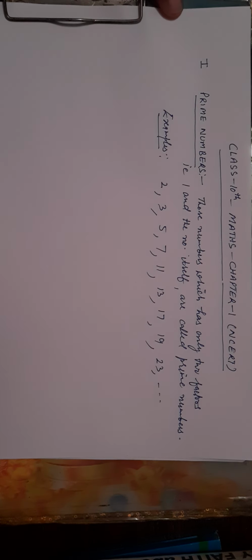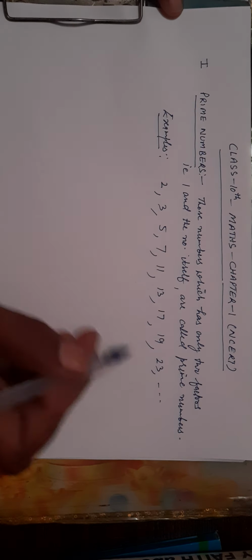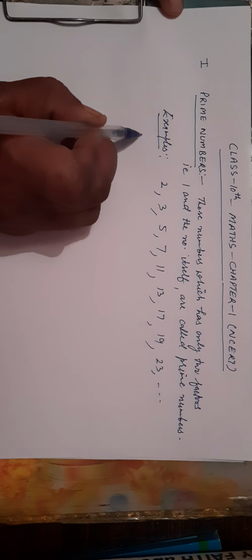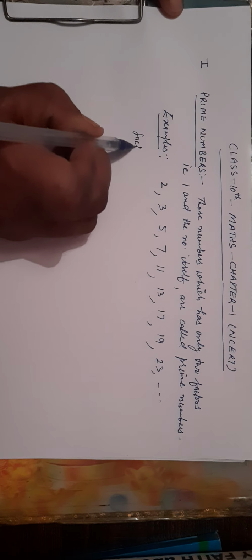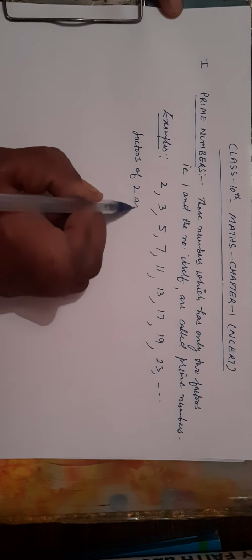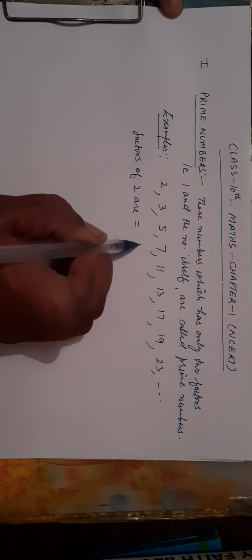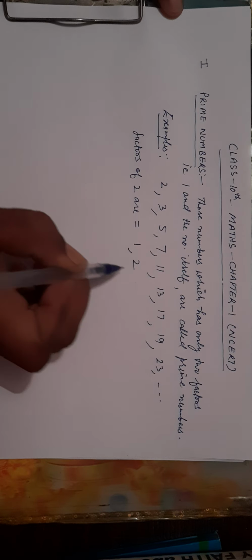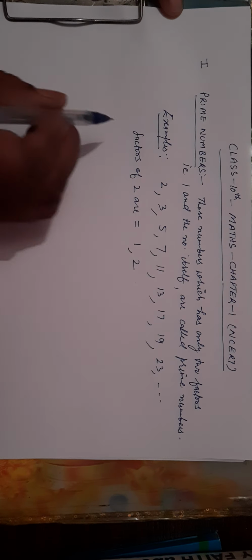Now, why are these numbers prime numbers? That is the point to understand. You may know that, but I am just recalling. You take 2. It is divisible by 1 and 2. It has only two factors, 1 and the number itself.